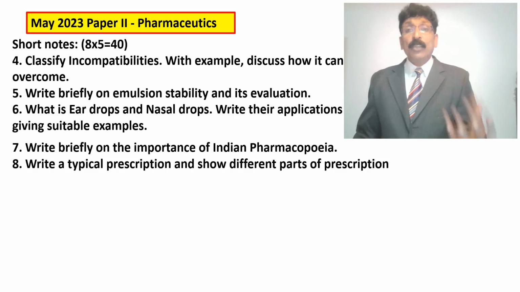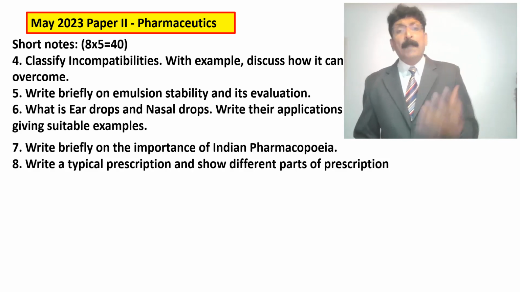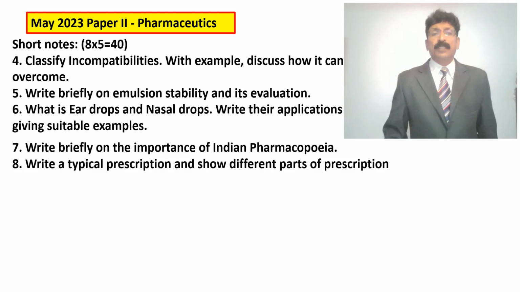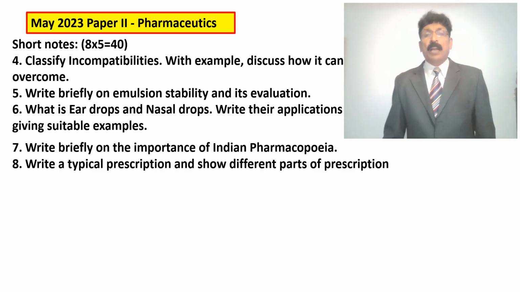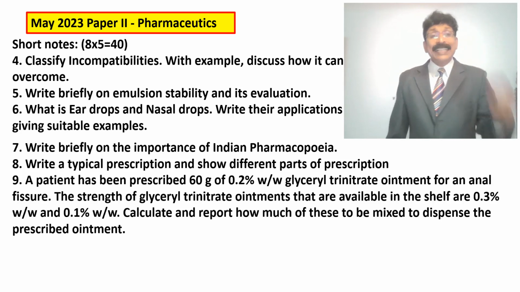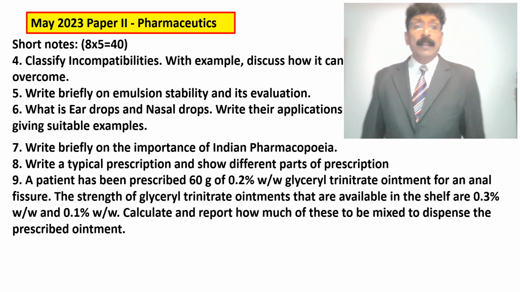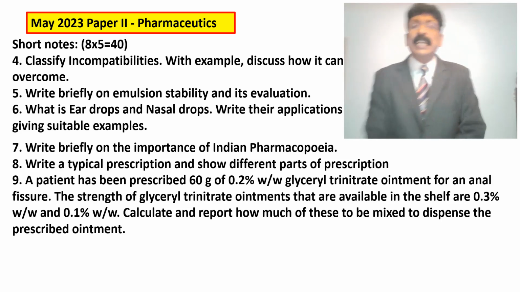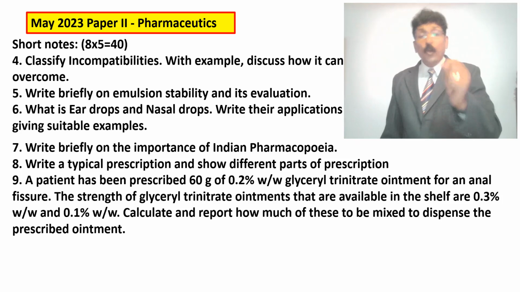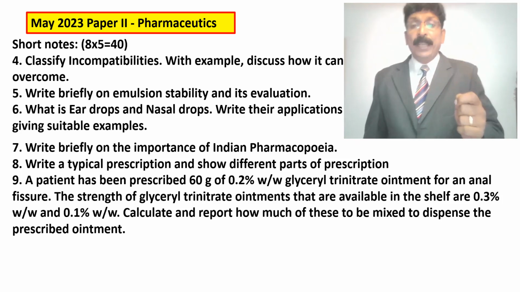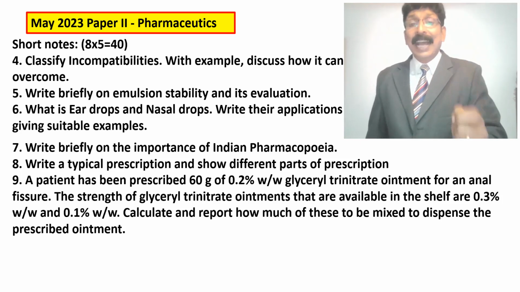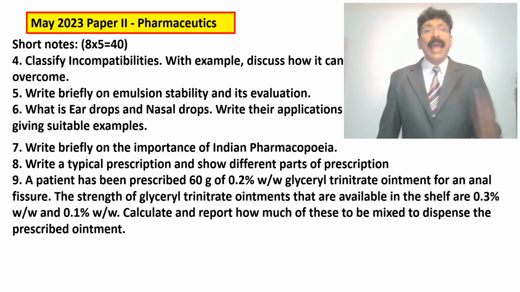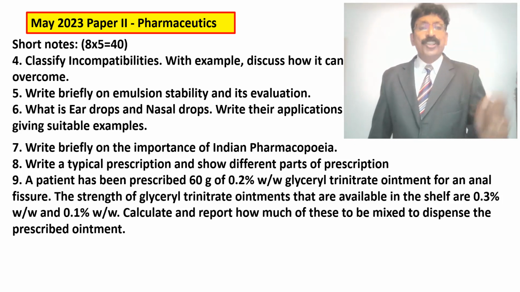8th question: write a typical prescription and show the different parts of the prescription, starting from the superscription Rx. And this is a calculation for the 9th question. A patient has been prescribed 60 grams of 0.2% weight by weight glyceryl trinitrate ointment for an anal fissure.